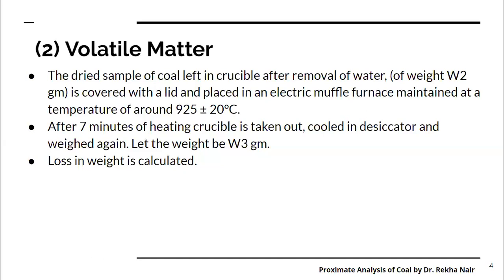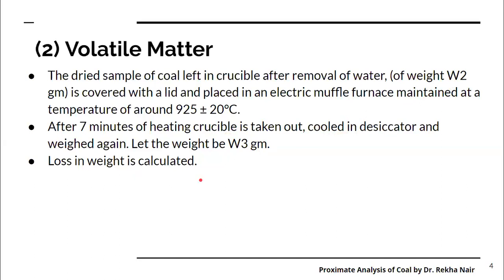After removal of the volatile matter, the crucible is taken out, cooled in a desiccator, and weighed again. Suppose the weight after the removal of volatile matter is W3 gram. That is, loss in weight is equal to W2 minus W3.